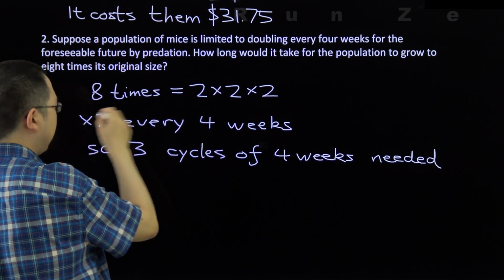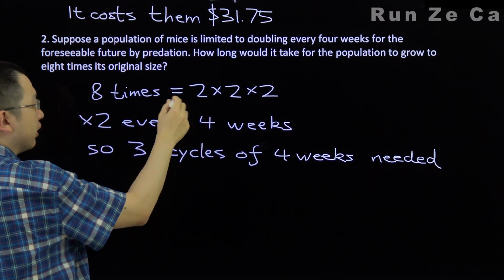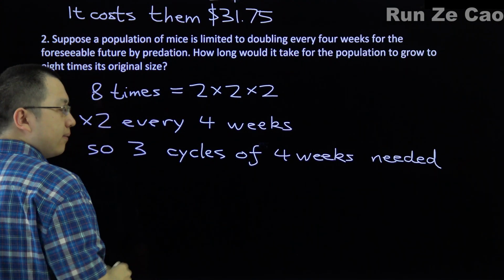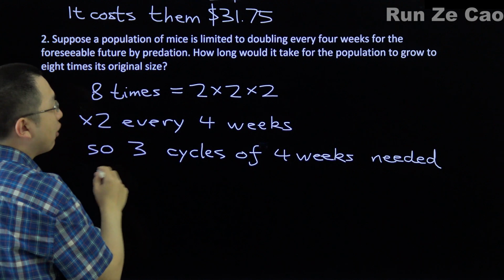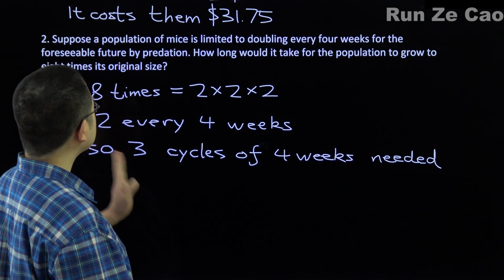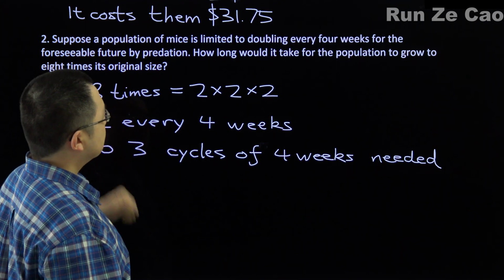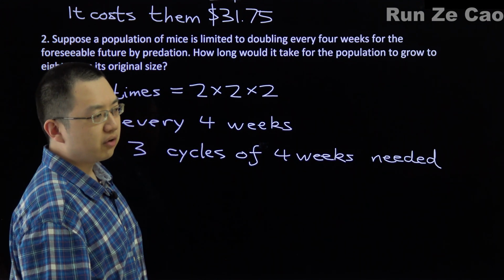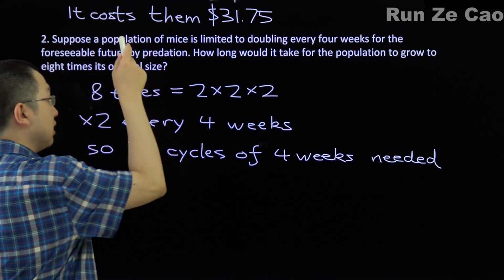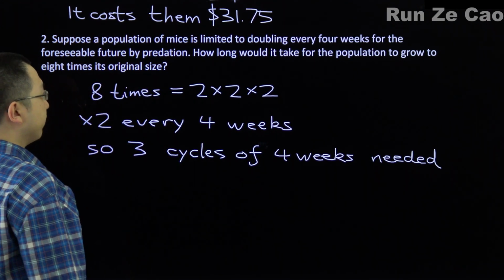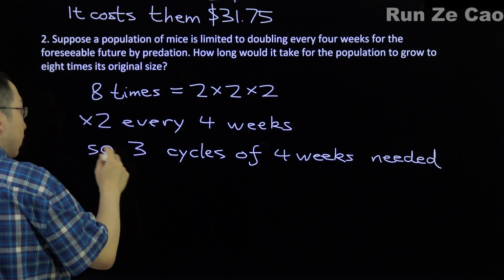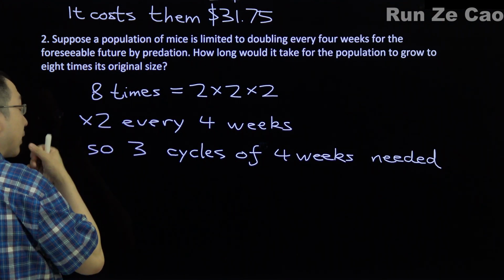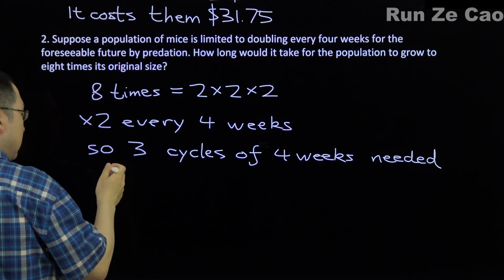Yeah, our plan is basically to find how many cycles of 4 weeks do we need. And this is our given information. And our required is how long it takes for the population to reach 8 times its size. You could write that here if you're going strictly by the 4-step method given above. But yeah, here's the plan, here's the solution. I'm basically saying it, most of it.